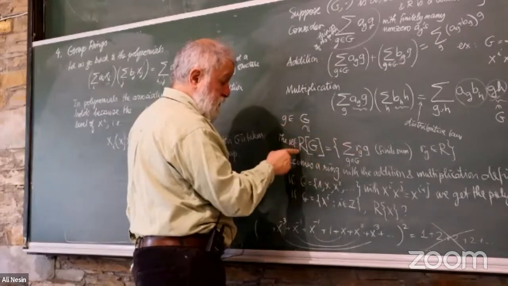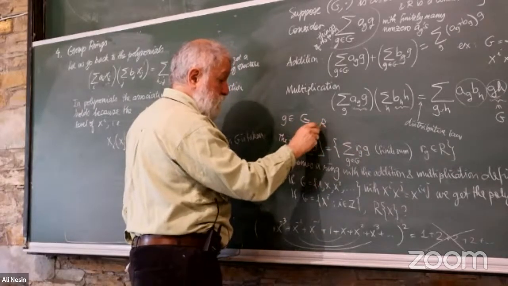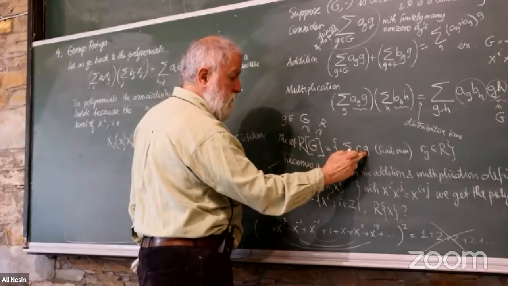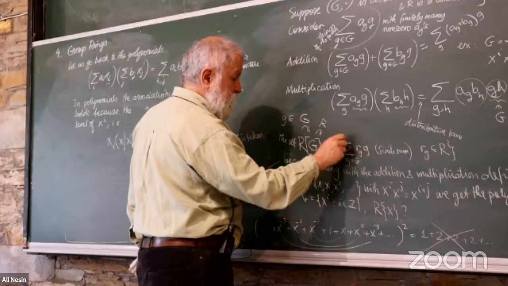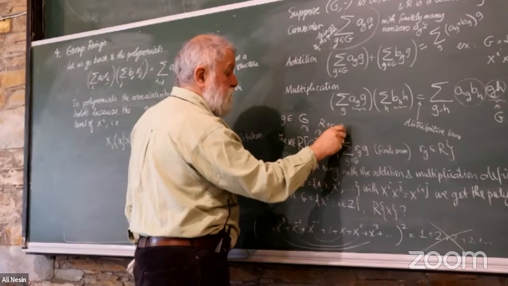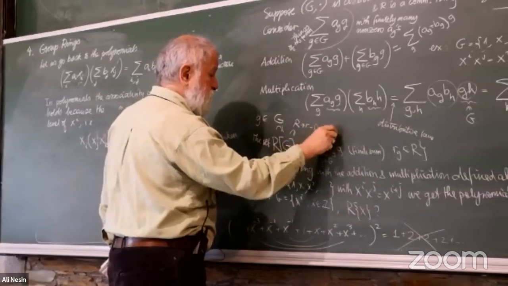So G is a subset. R also is in here, as constants. Just take an element r. You can see it is r plus 0 times g1 plus 0 times g2 and so on.